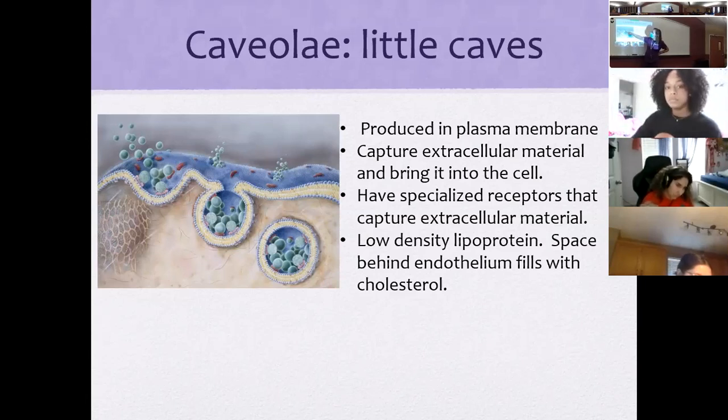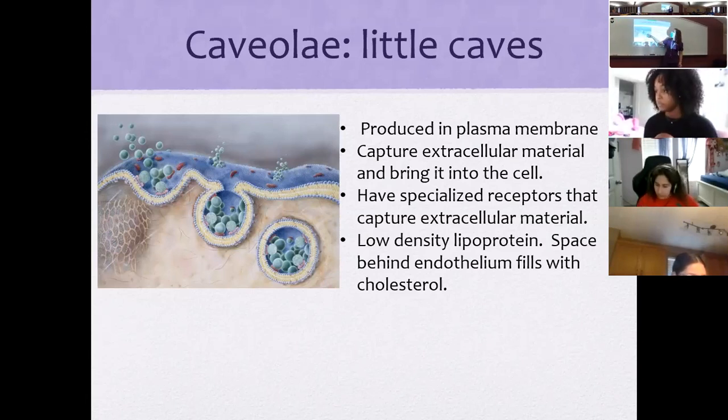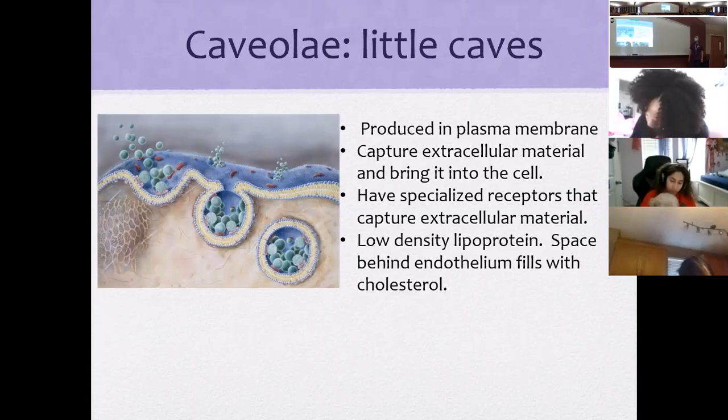Pinch it off right here, and you can see now I have this transport bubble, and my phospholipid bilayer is in fact intact. This is alveoli, little caves. This is how we transport larger molecules in and not disrupt the integrity of my phospholipid bilayer.